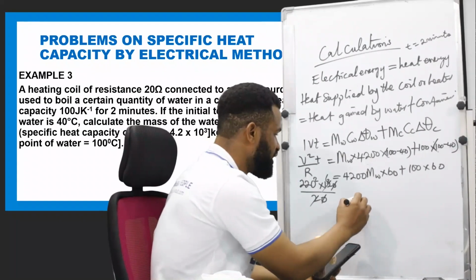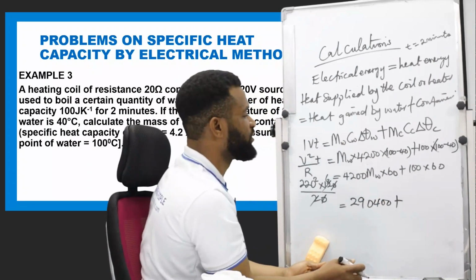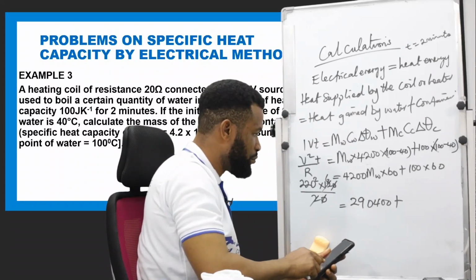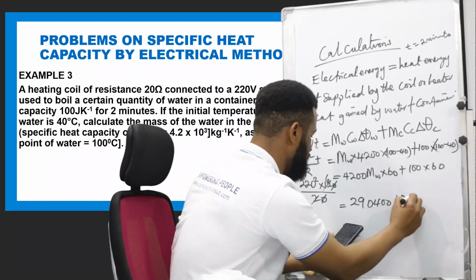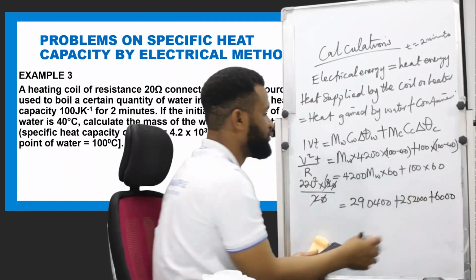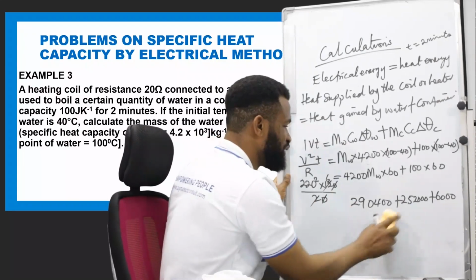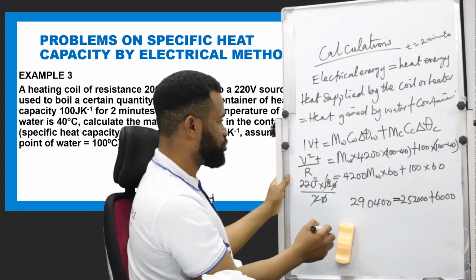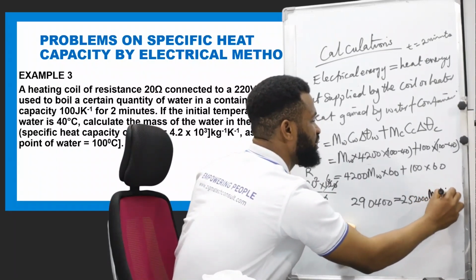So everything on the left hand side is going to be 290,400, then plus this is 60 multiplied by 4200, which is going to be 252000, then plus 6000. I'm sorry. What I have to do is, this place is the equality sign, and then this should be the mass of the water plus 6000.